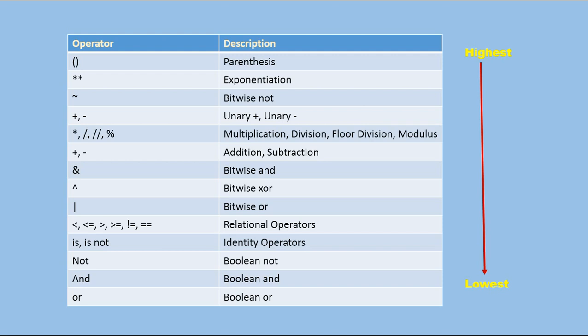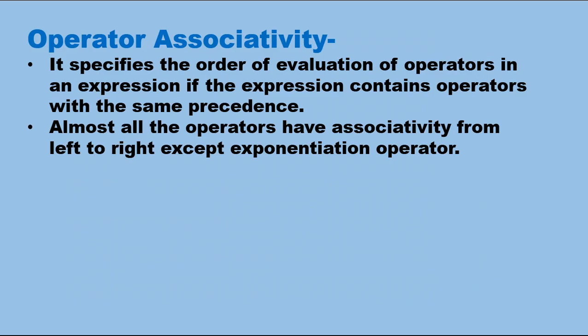These are just a few of them, right? So each of the operators is mentioned in the chart. You can notice that in some cases more than one operator is listed in a single line. That means all these operators have the same precedence.